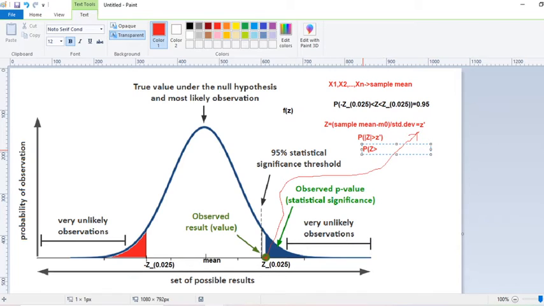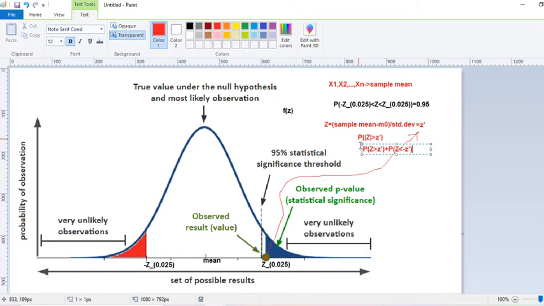The probability that Z is greater than Z dash, plus the probability that Z is less than minus Z dash.